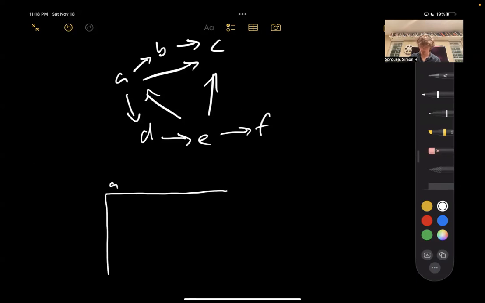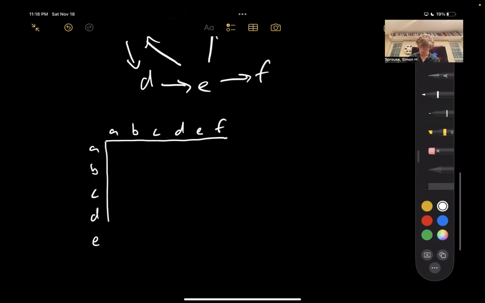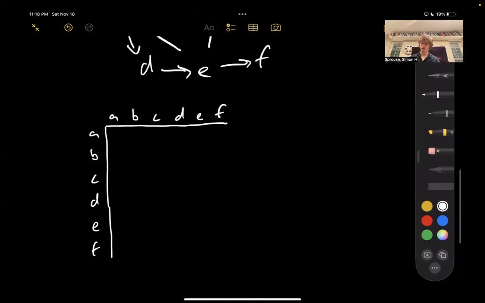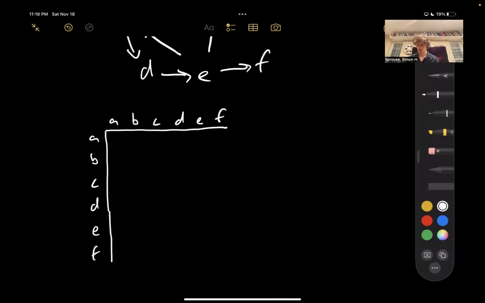So if we were to list all the nodes, A, B, C, D, E, F, and then once again, A, B, C, D, E, F. I'm so prone to error, y'all. I'm so sorry. Let's extend this a little bit. Essentially, this adjacency matrix will just mark either a yes or a no about whether the edges are connected, right?